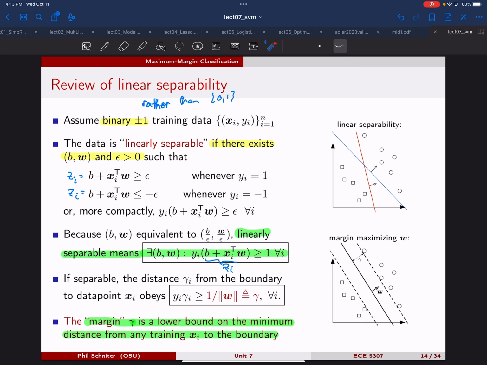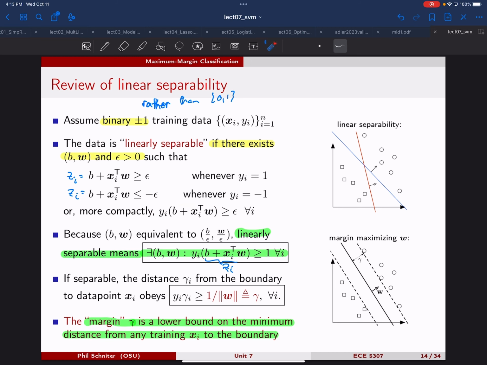Okay, so that's another way of describing linear separability. So on one side, you have positive scores is one class, and negative scores the other class.